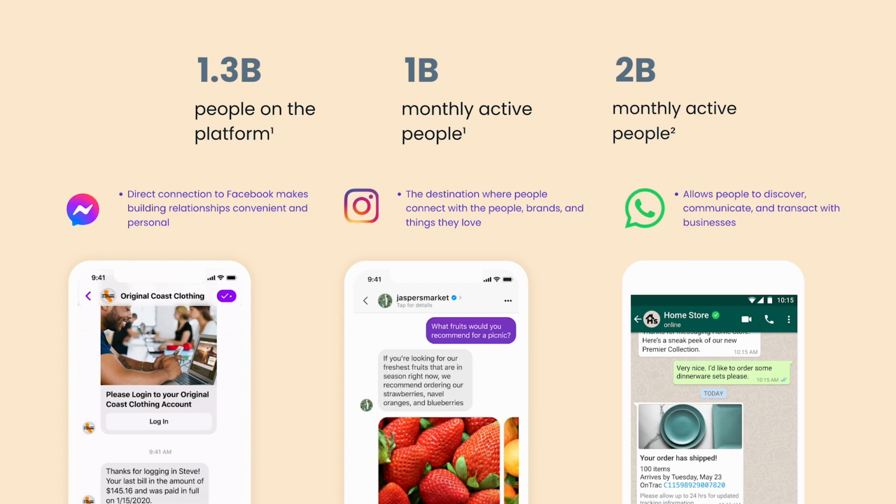Instagram has 1 million monthly active people, and as the place where people connect with brands and things they love, DMs are a great way to build a deeper connection with your customers. And finally, WhatsApp, with 2 billion monthly active people, allows people to discover, communicate, and transact with businesses like yourself.